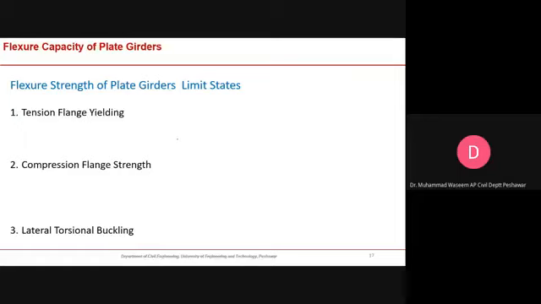Now, there are three limit states. Let me write it down. There are three limit states for plate girders in order to evaluate the flexure capacity.